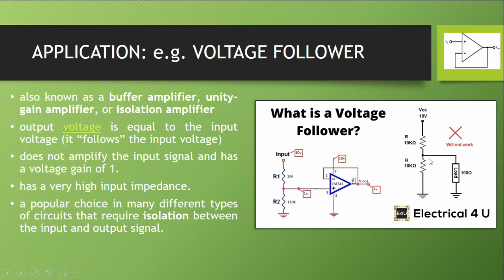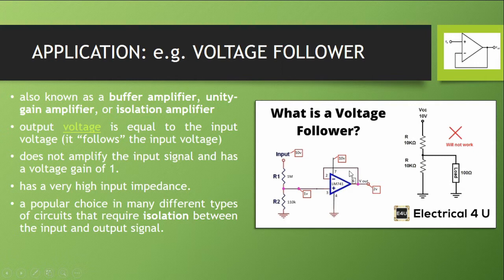Sometimes it will work because the load is not isolated from this resistor. So we need to make sure that the settings of the load are not affected by the input. So we add a buffer, this voltage follower circuit using an op-amp, between the output and the input so that we can isolate the load from the rest of the circuit.